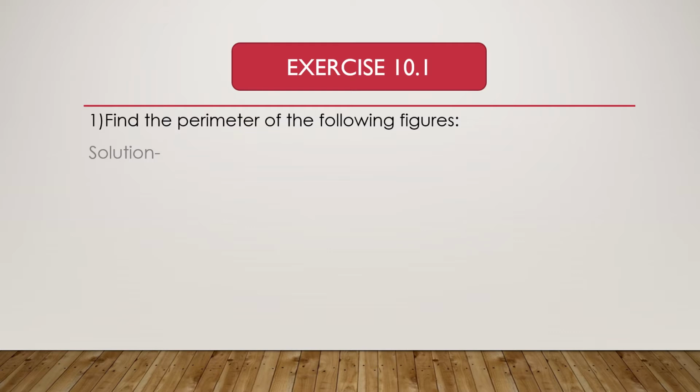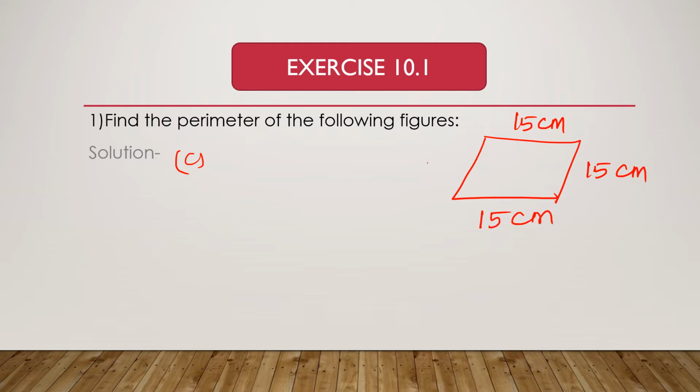Now we will find perimeter of the third figure. See, this is the figure given. This is 15 centimeter. This is 15. This one also 15 centimeter. And this one also 15 centimeter. All sides are equal in this given figure. So we know perimeter is sum of all sides.